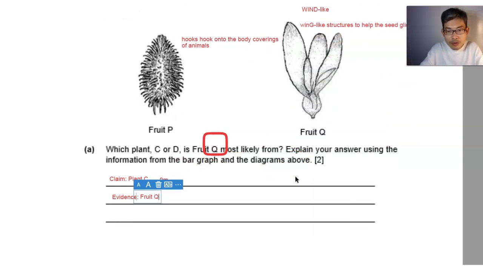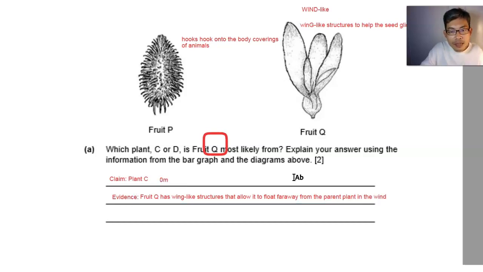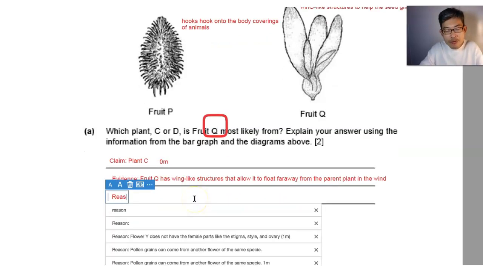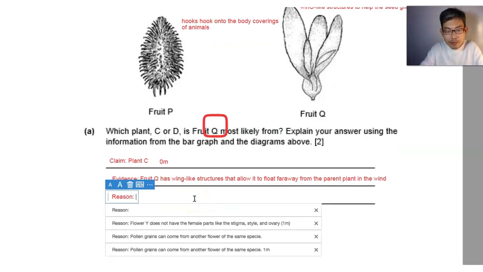Fruit Q has wing-like structures that allow it to float far away from the parent plant in the wind. So that is the evidence. Now let's look at the reason. So how do we know this comes from plant C?